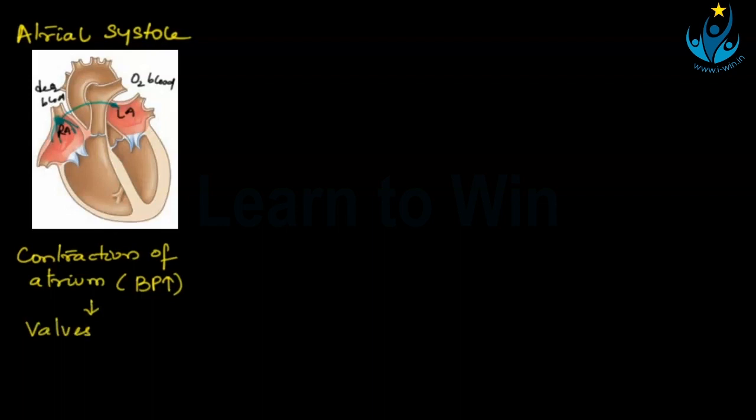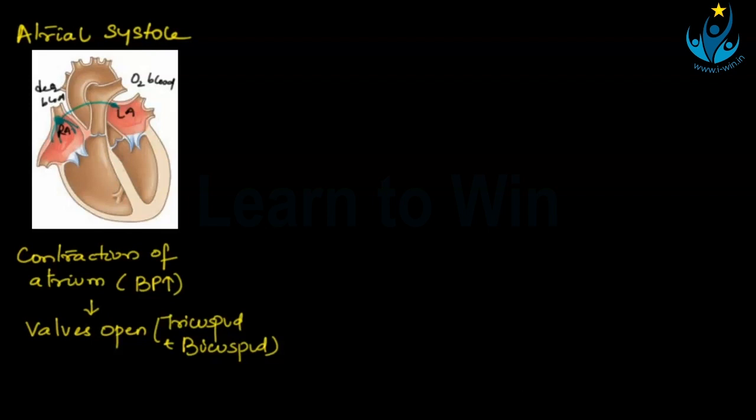What are the valves that are associated here? There are two major valves, the tricuspid valve and the bicuspid valve. They open up, and this results in the flow of the blood into the ventricles.